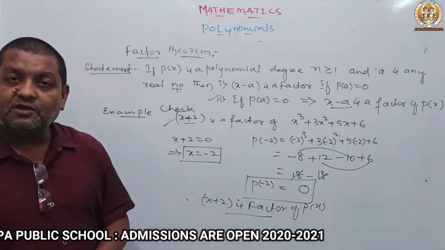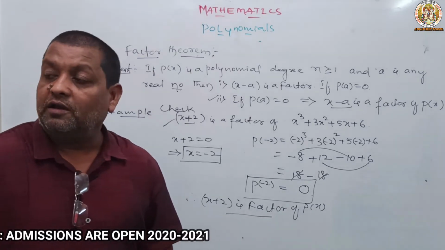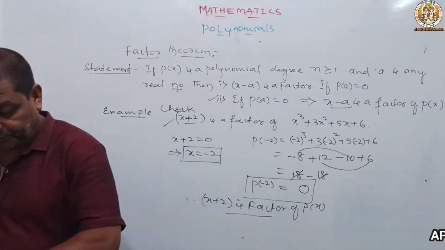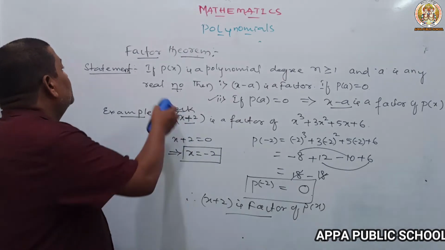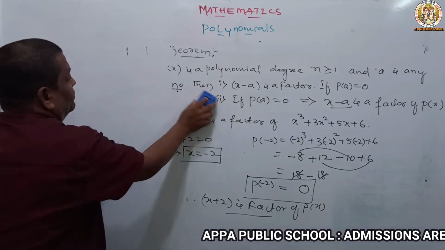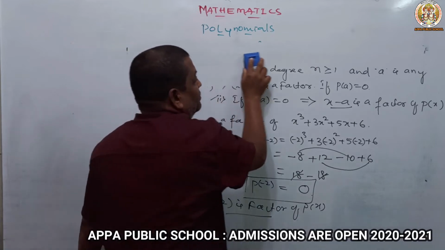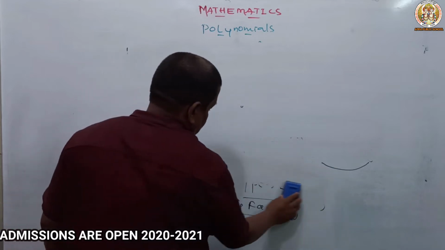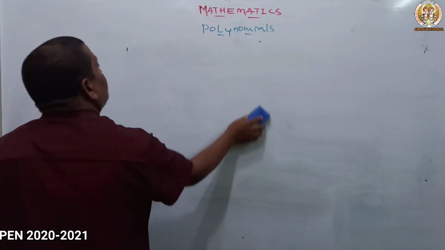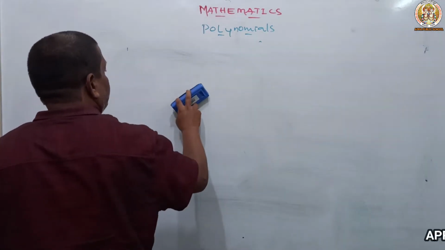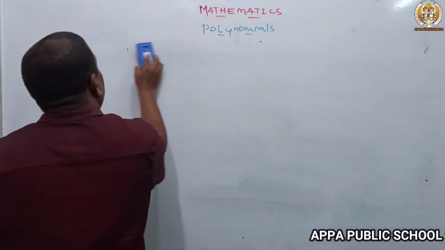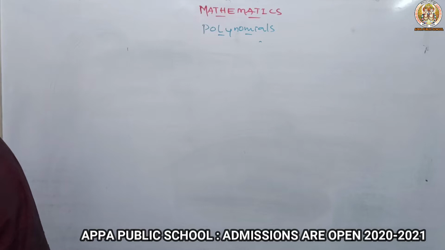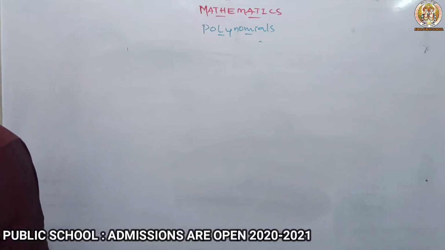So by using the remainder theorem and factor theorem, we are going to solve the coming exercise, exercise number 2.4.